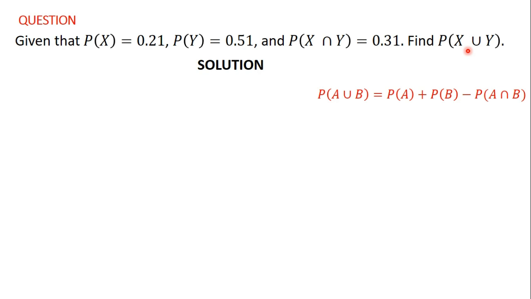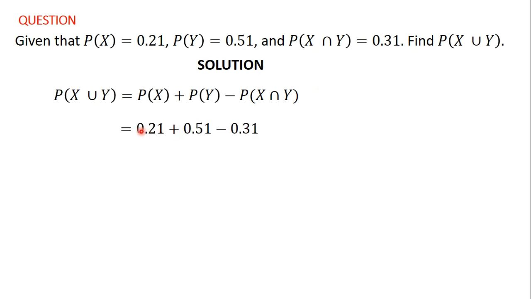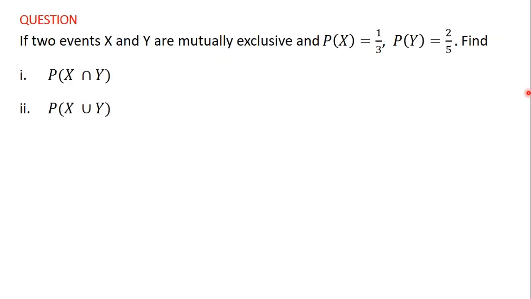We have been told that probability of A union B is equal to probability of A plus probability of B minus probability of A intersection B. This means that probability of x union y is equal to probability of x plus probability of y minus probability of x intersection y. We have all these here, so all that we need to do is to substitute in the values. So we are going to have 0.21 plus 0.51 minus 0.31, and this will give us 0.41.